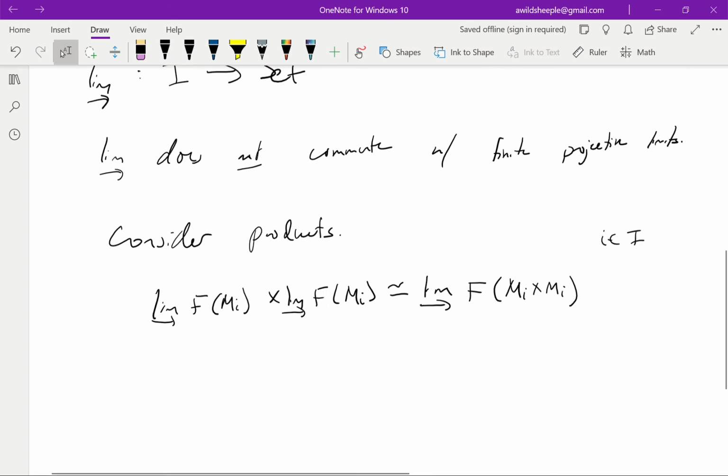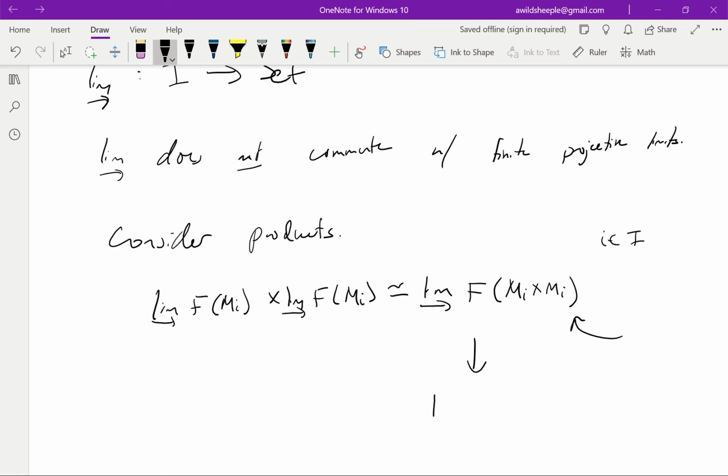But here's the catch. This guy has an operation because it's a module. Well, I'm only worrying about the additive structure, so really it's a group, but it doesn't matter. The point is, because I have a map M_i cross M_i to M_i given by this operation, I can apply this operation and map this back to here.